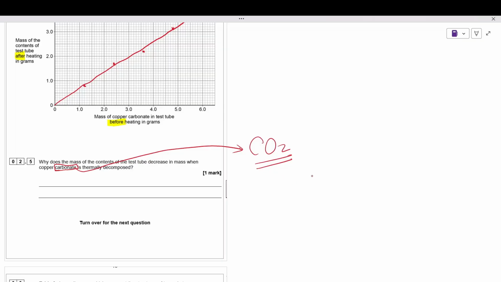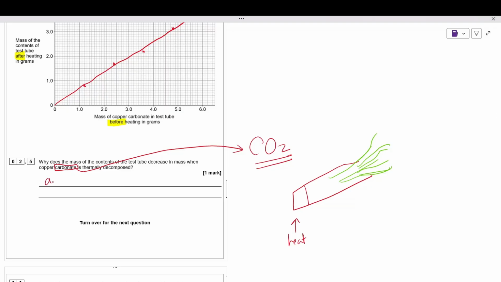All carbonates, if you decompose them or react them, will always produce carbon dioxide. That carbon dioxide, remember, we were using a test tube that was open, which means that the carbon dioxide gas would be escaping. And because it's escaping from the container, we are unable to account for that mass, which is why it appears as though the mass has decreased when really it hasn't.